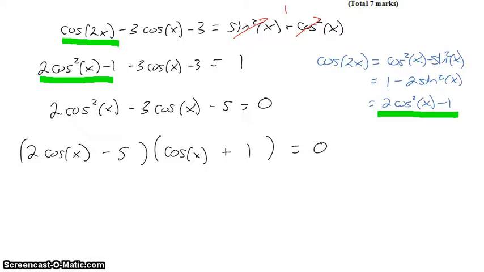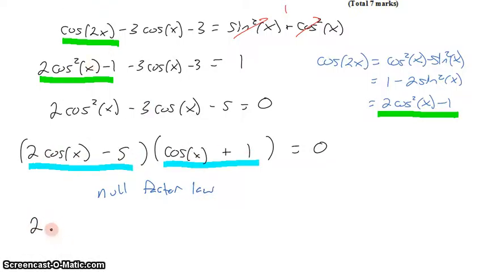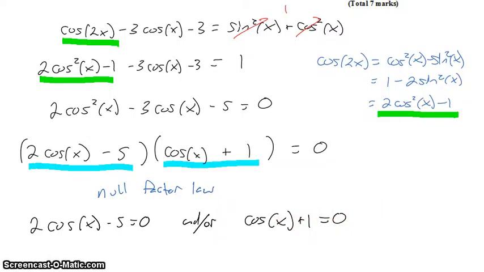Now that I have it factorized, what I have are two expressions which are multiplied together, and the result gives me 0. This is the null factor law. What that means is that either or both of the expressions must be 0. 2 cosine of x take 5 has to equal 0, and or cosine of x plus 1 has to equal 0.